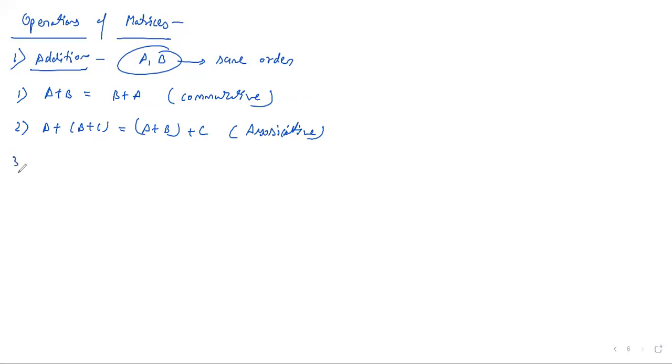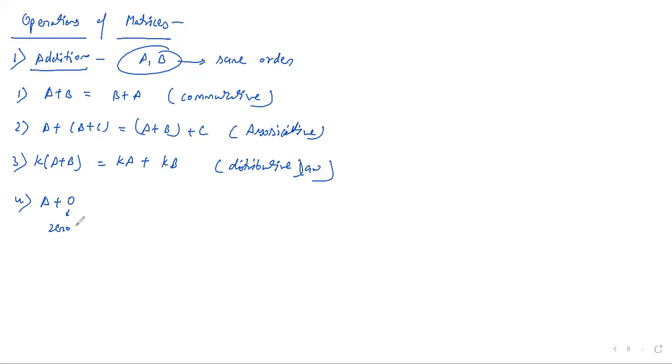And similarly, if we multiply a scalar by the addition of two matrices, that will be equal to Ka plus Kb. That means it also satisfies the distributive law.